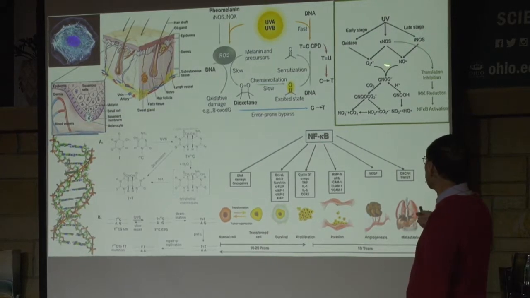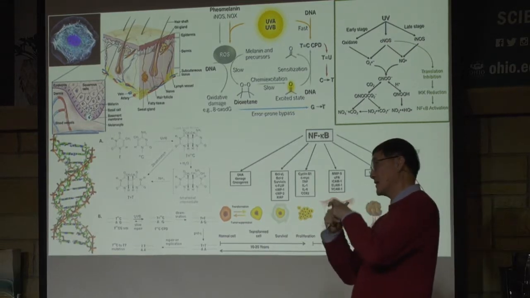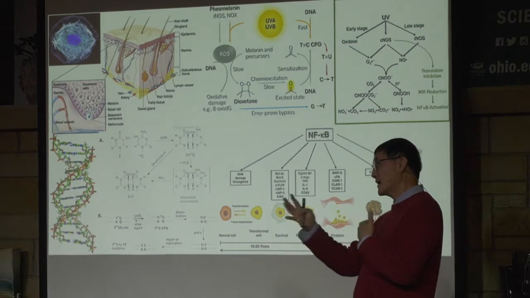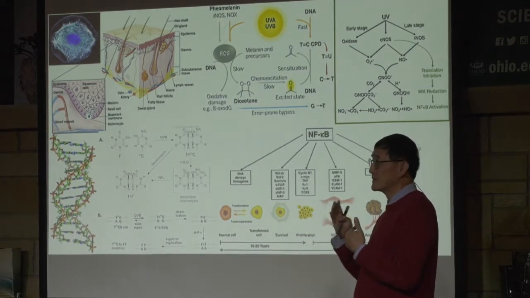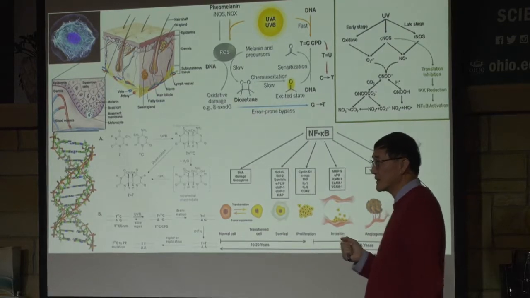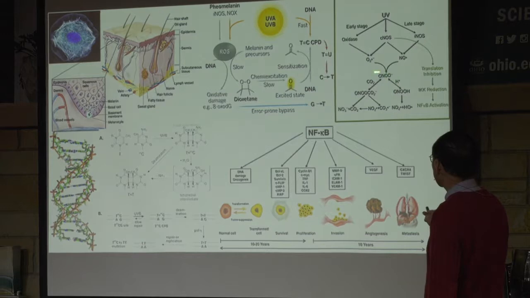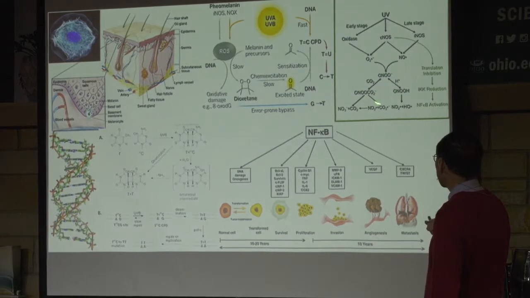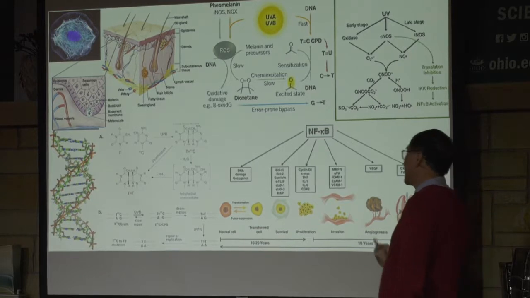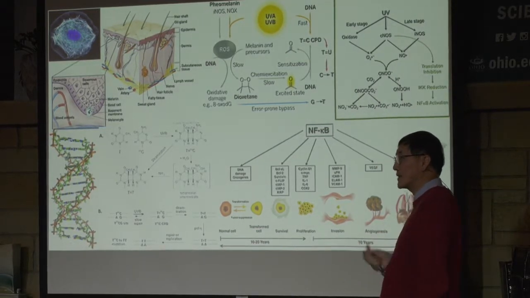Also, because CNOS has a zinc center, it can be oxidized and become uncoupled, and at that time it starts to make superoxide instead of nitric oxide. Superoxide and nitric oxide can react together to form peroxynitrite, which can cause damage to lipids, DNA, and protein, and cause problems.